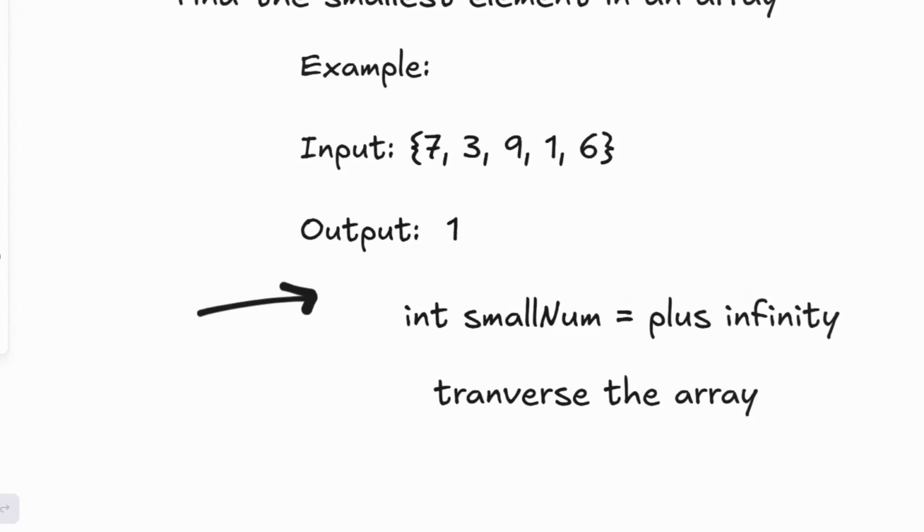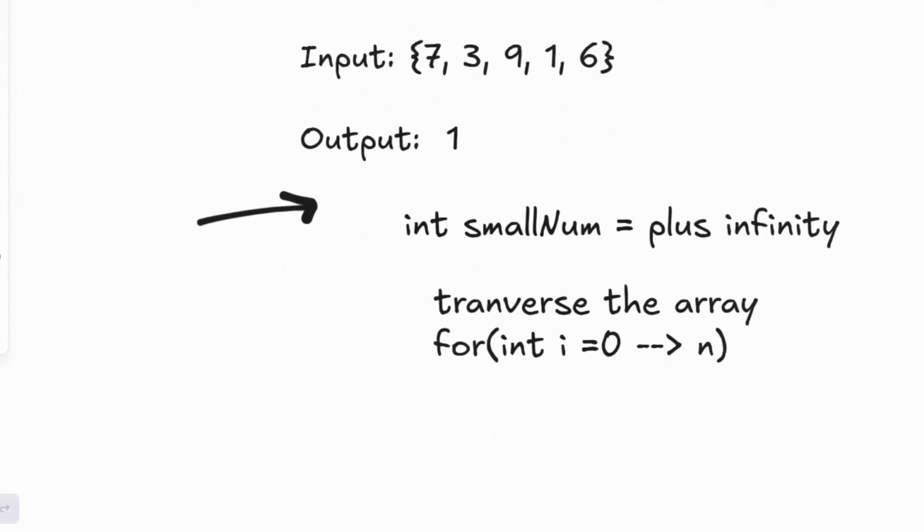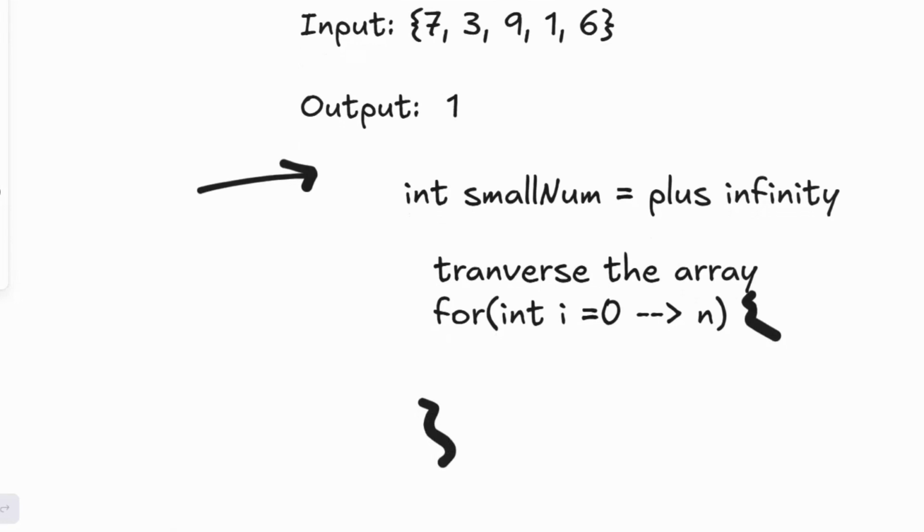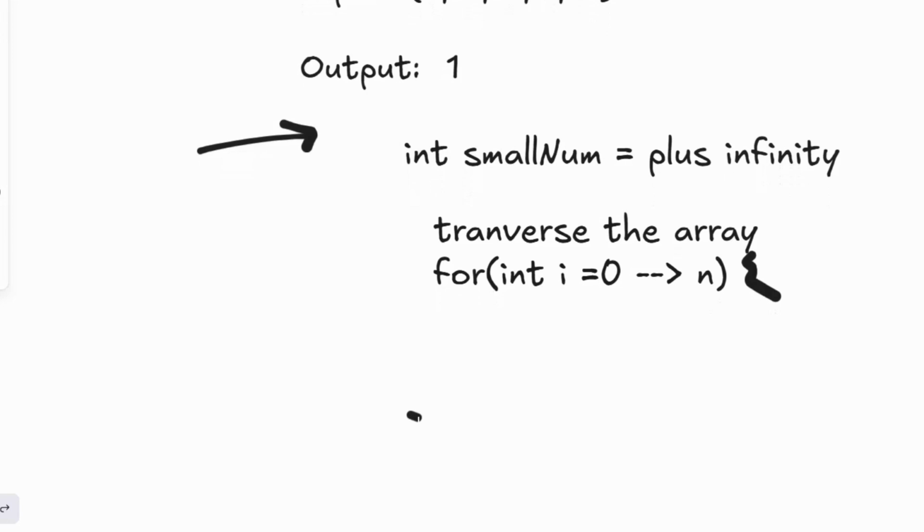So the loop will start from int i equal to 0 to n, until which the loop will run. In this we will give the condition.